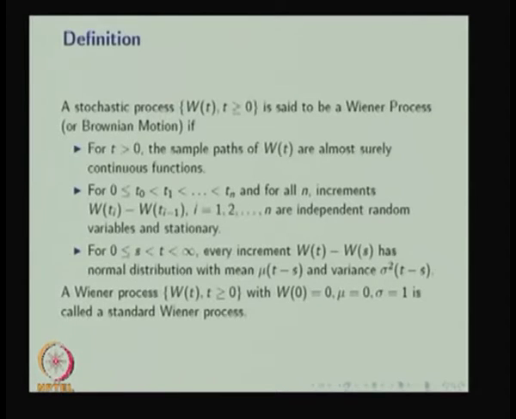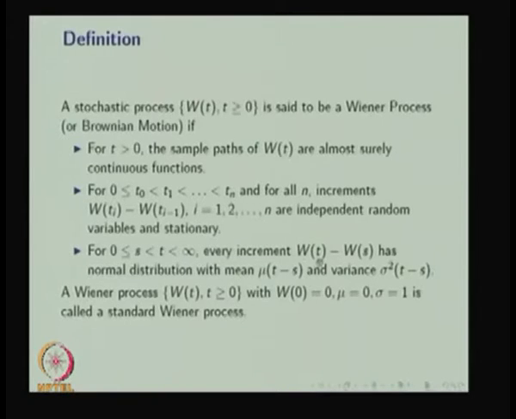Now we are defining the Brownian motion or Wiener process. A stochastic process is said to be a Wiener process or Brownian motion if it satisfies these three conditions. For t greater than 0, the sample paths of Wt are almost surely continuous functions. For the intervals 0 to Tn, for all n, the increments are independent random variables as well as stationary.